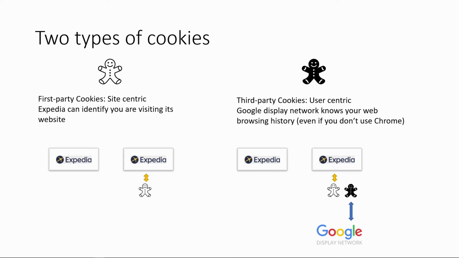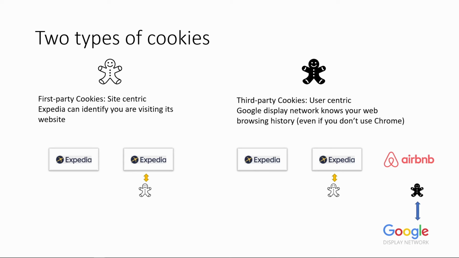Now, if you visit Airbnb next, Expedia would no longer be able to access its own cookie when you visit Airbnb. However, if Airbnb is in Google's display network, Airbnb would drop a third-party Google Display Network cookie again, and the Google Display Network would be able to access that cookie.